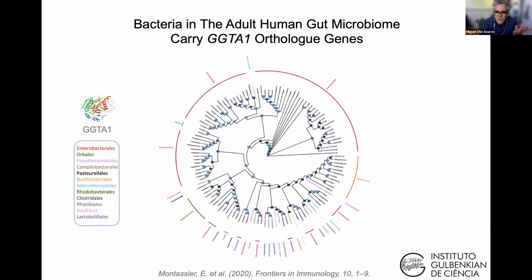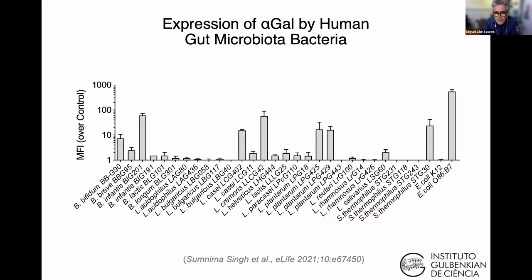Now, do we have components of the microbiota that express alpha-gal? A recent manuscript suggested through genomics that indeed this is the case. We screened a fairly large panel of components of the gut microbiota that are used as probiotics by a company, and we find that some of them express fairly high levels.